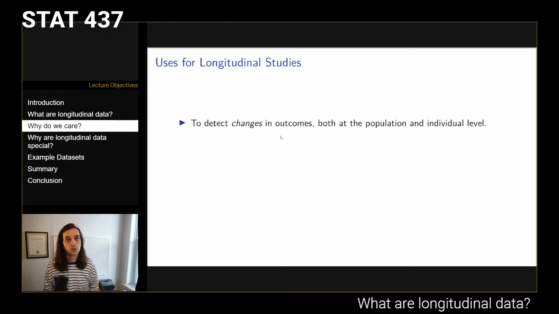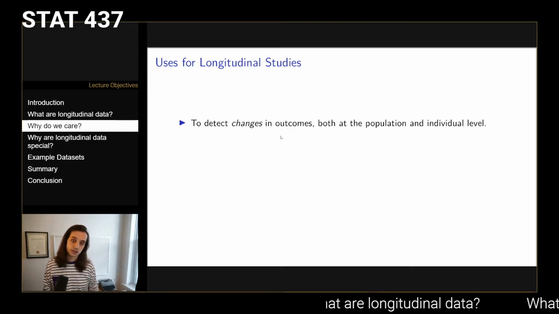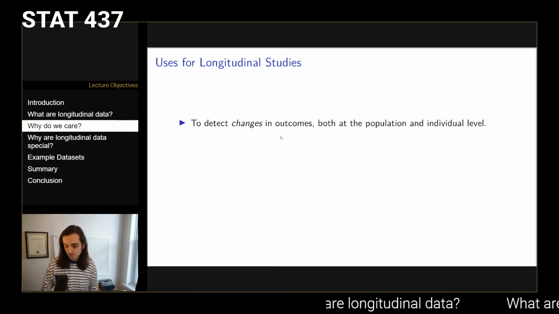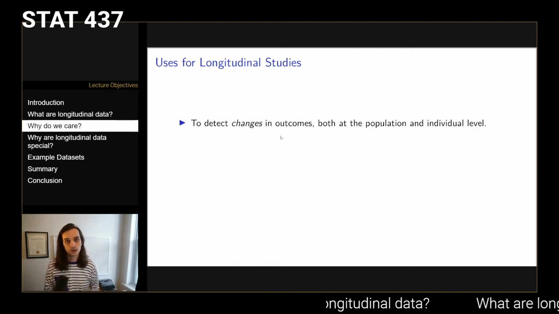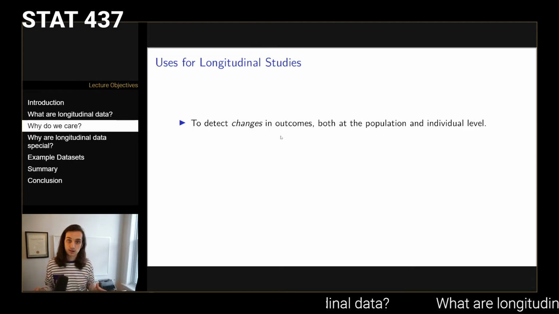If we want to know, at both the population level or the individual level, how does time impact some outcome that we care about, we need longitudinal data to answer that question correctly. So if you want to know, how does your risk of dementia change as you get older, we cannot answer that question without using longitudinal data, because we need to be able to track these individuals and see, as time goes on, what has their outcome done.